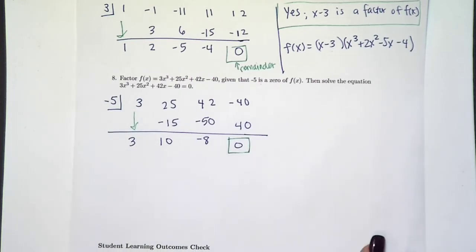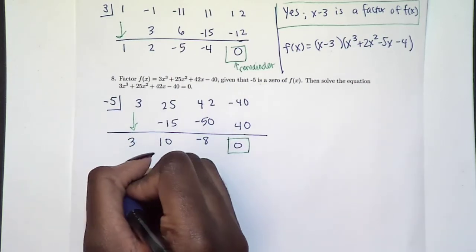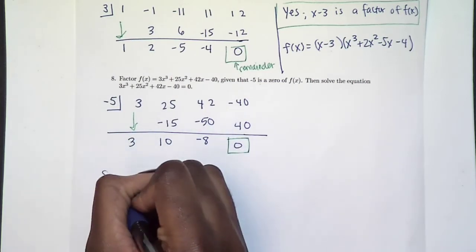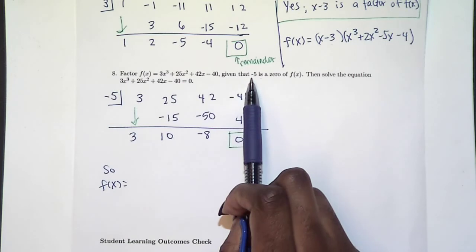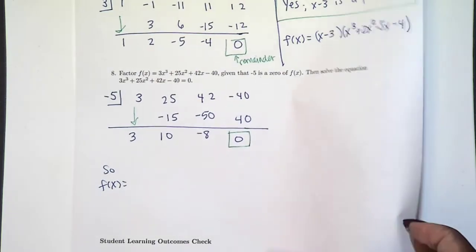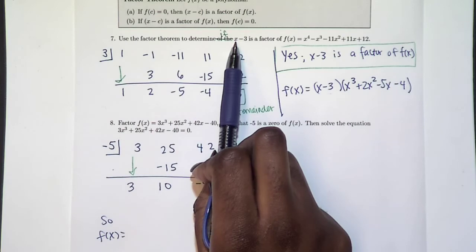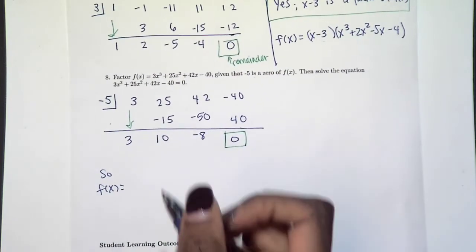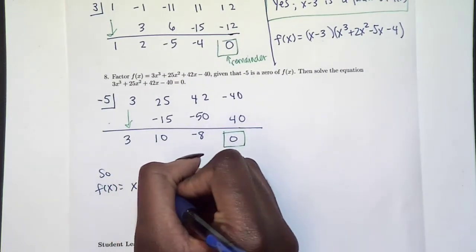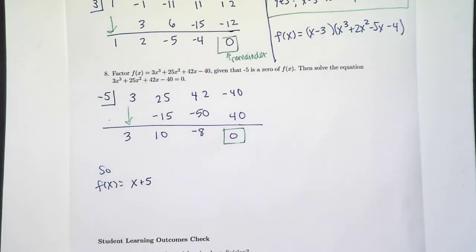So how do we write this in factored form? F of x. If -5 is a 0, what's that factor going to look like? Well, we found that 3 is a 0 when x minus 3 is a factor. So -5 is a 0 if x plus 5 is a factor.